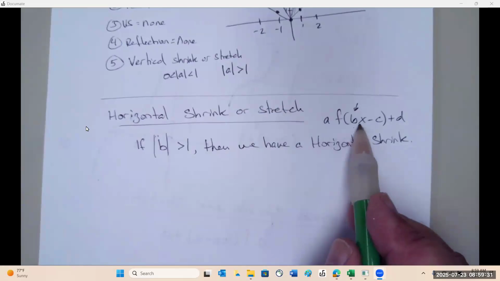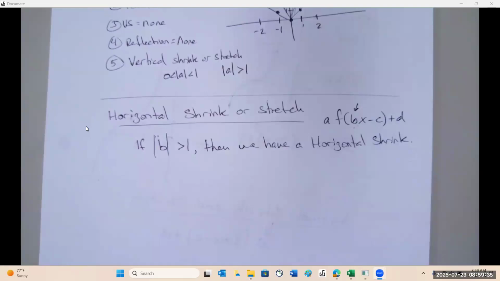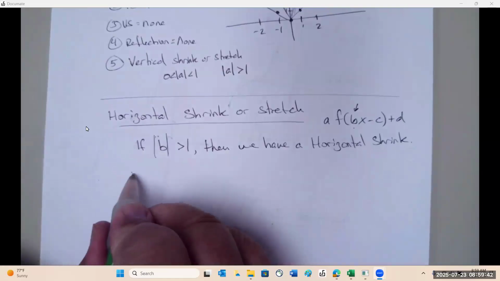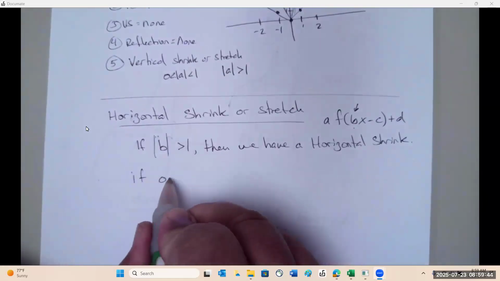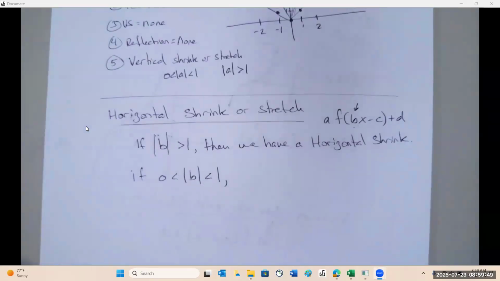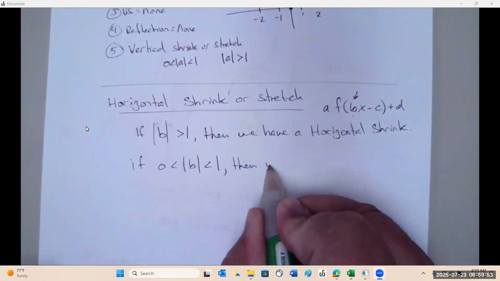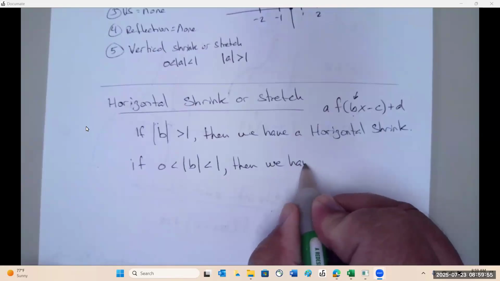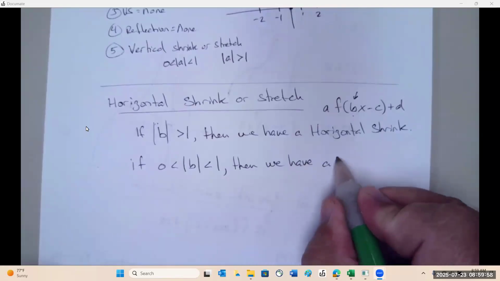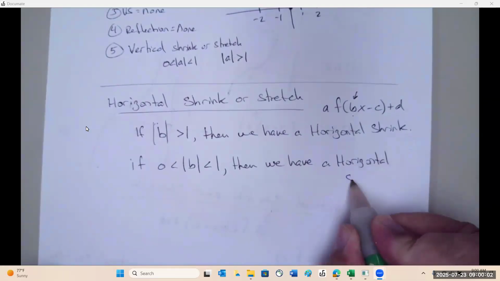If your coefficient of x is an integer, that means your graph will be pushed closer. It'll be shorter, narrower. If the absolute value of b is a fraction between 0 and 1, then we have a horizontal stretch.